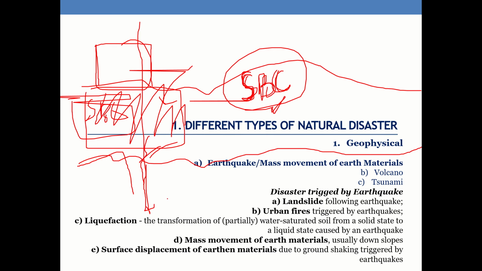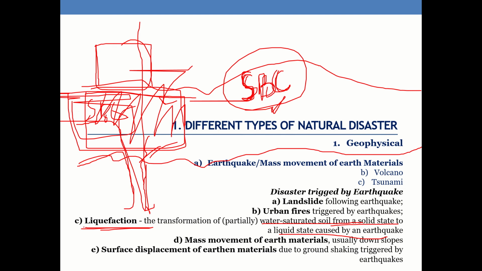Primarily if it is water saturated, as mentioned here, from solid to liquid state caused by earthquake. So maybe there's some water coming in, and the strength of this upper strata becomes weak, and it loses its strength.